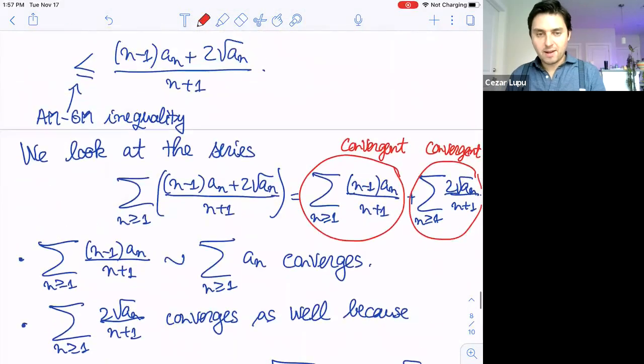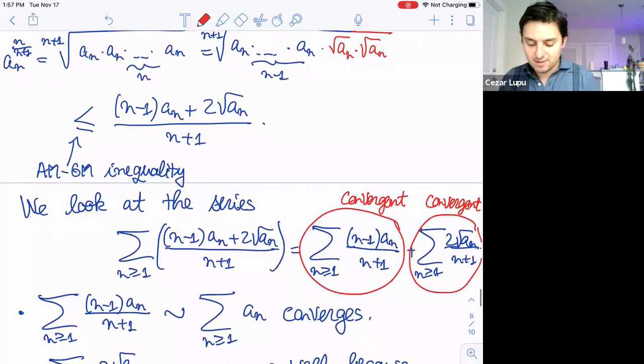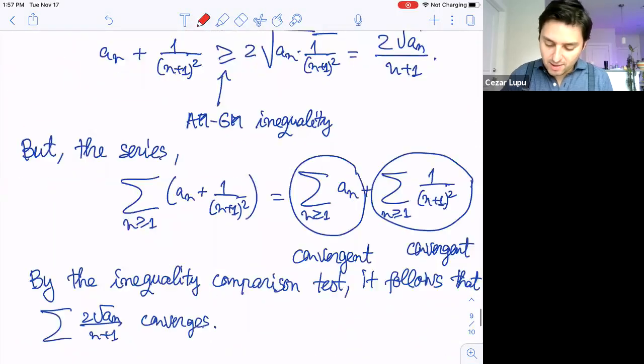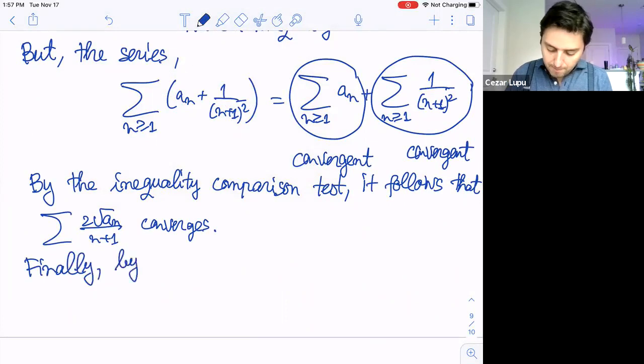Finally, by the inequality comparison test, it follows that the series of this is convergent. So let's write it again. Finally, by the inequality comparison test.